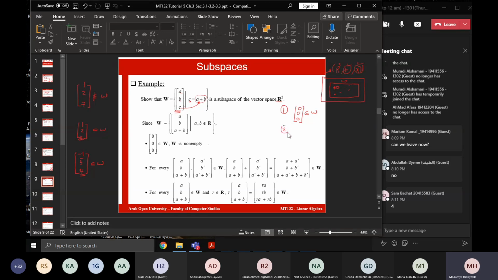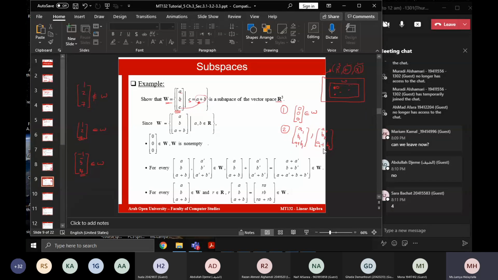The second thing: take any two elements from here and prove their addition is there. For instance, if I took the first element to be A1, B1, and this is A1 plus B1, this element is from W. Take another one: A2, B2, and their addition A2 plus B2.